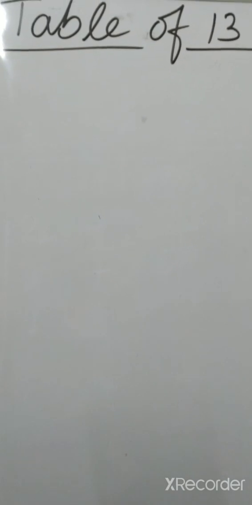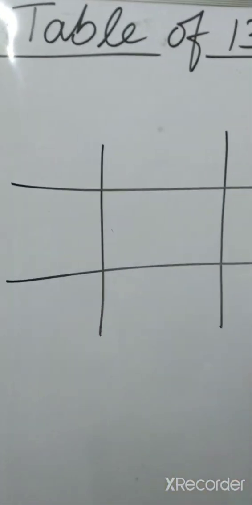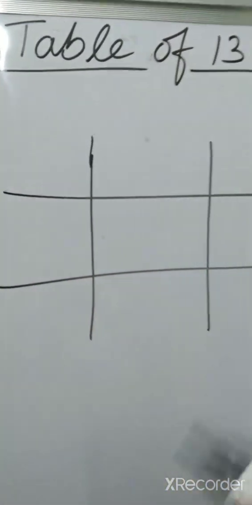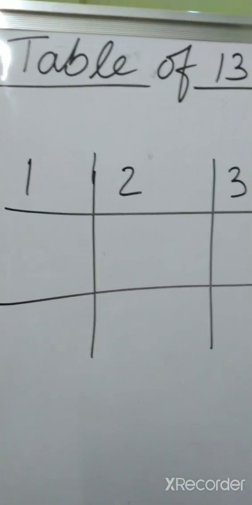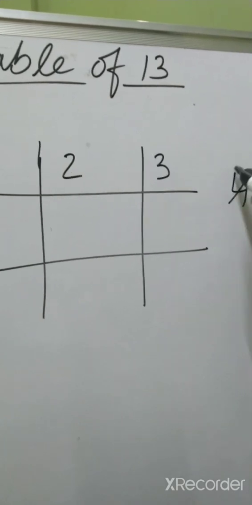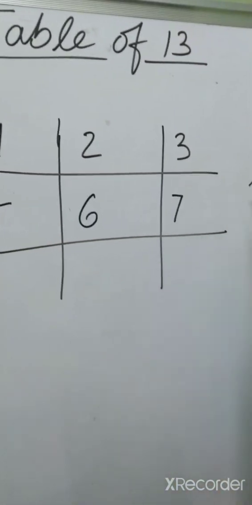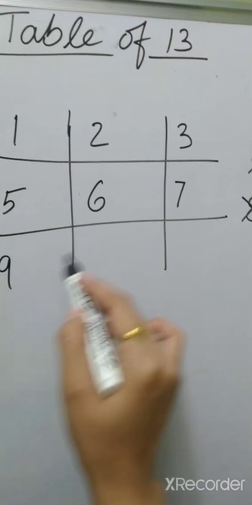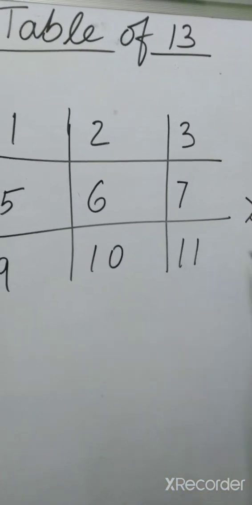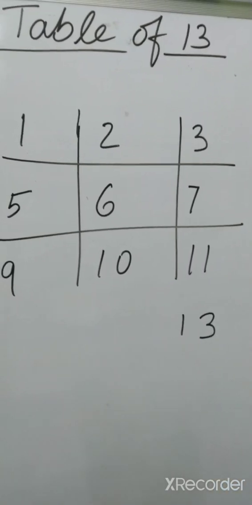There is one more way for writing the table of 13. Just see. First, we make this kind of a thing and we simply have to write counting. 1, 2, 3, leave 4, 5, 6, 7, leave 8, 9, 10, 11, 12, leaving 12 we have 13 here.